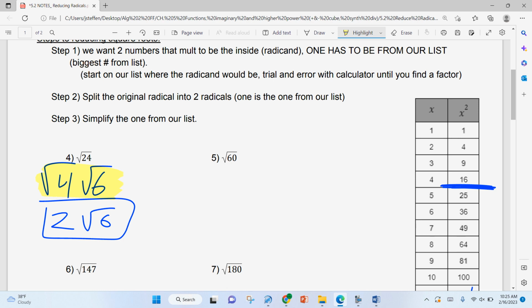Now, some of you guys are smart enough that you can put it in your calculator, and that can help give you some guidance on what numbers you're picking. Or a second option, you can put it in your calculator and use that to work backwards to get this work right here. That's fine. If you can do that, then that's good enough.